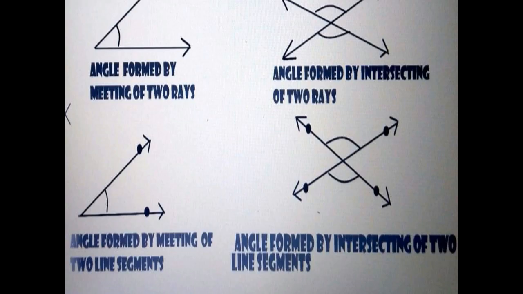Angle formed by meeting of 2 rays. Second picture: angle formed by meeting of 2 line segments. Third picture: angle formed by intersecting of 2 rays. Fourth picture: angle formed by intersecting of 2 line segments.